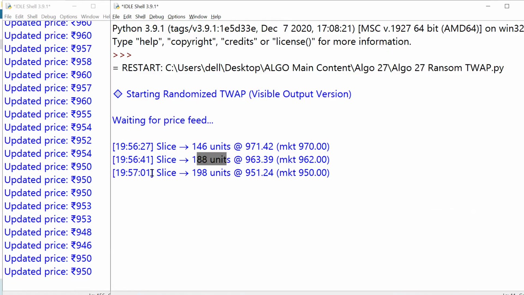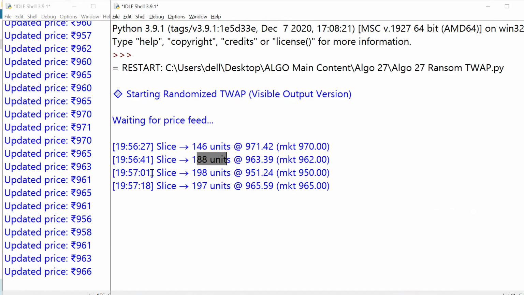You can see again the execution has taken place with a random number of units. In basic TWAP, the number of units is fixed and the time slice is also fixed. But here, the number of units is not fixed. It is randomized in nature. That's a specialty of randomized TWAP.